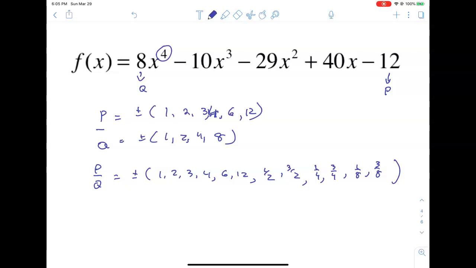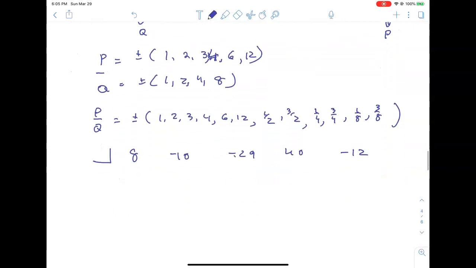All right. So let's go ahead and do synthetic division. What would be a good guess, do you think? All right. Let's try 2.